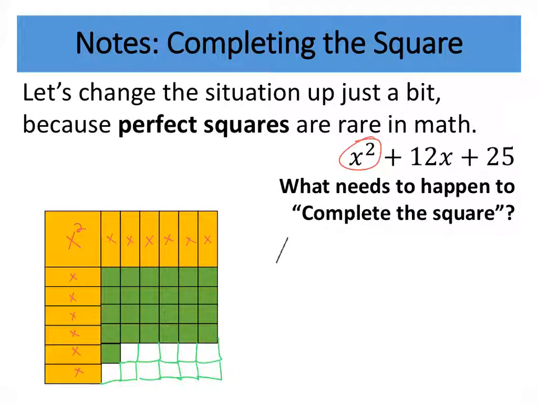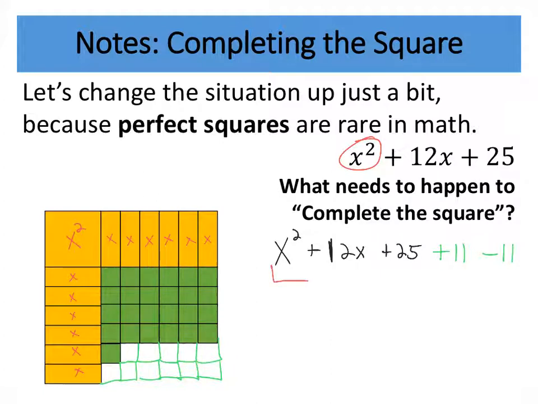So mathematically, how do we work to complete this square? We start with what we originally had, plus 12x plus 25. And in order to make it a perfect square, I'm going to need to add 11. But I can't change the original problem, so I have to add 0. So I have to add 11 and then take 11 back away.